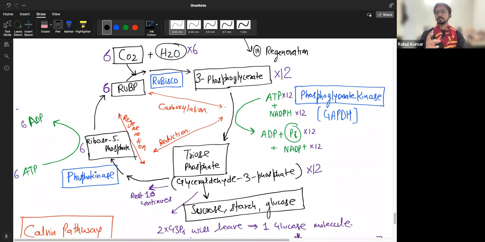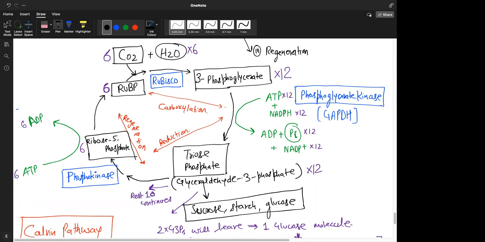If you see, 3-phosphoglycerate also has 3 carbon, and triose phosphate also has 3 carbon, but we have reduced the molecule. We have added more hydrogen to it. Yes sir, so 12 G3P is formed, out of which 2 will leave for the formation of glucose, and the rest 10 will undergo the regeneration process.